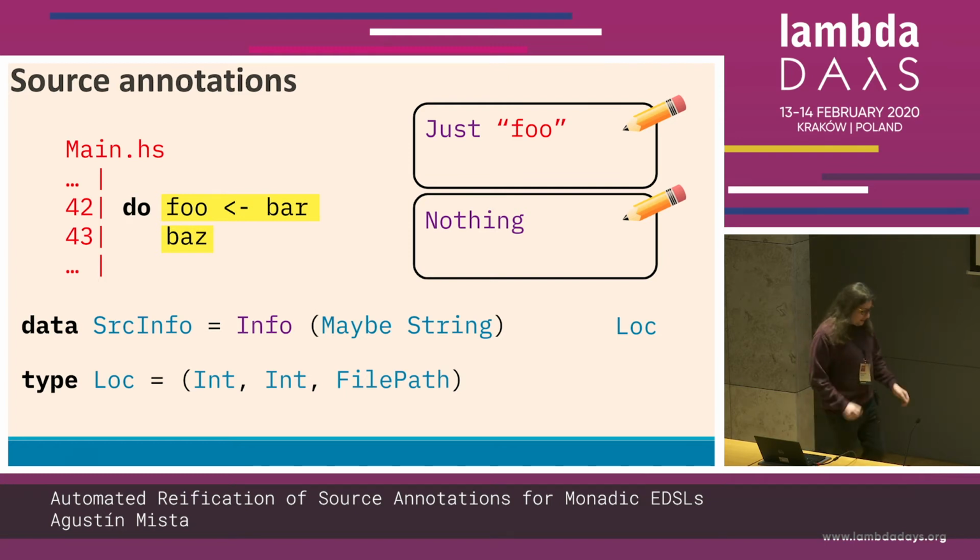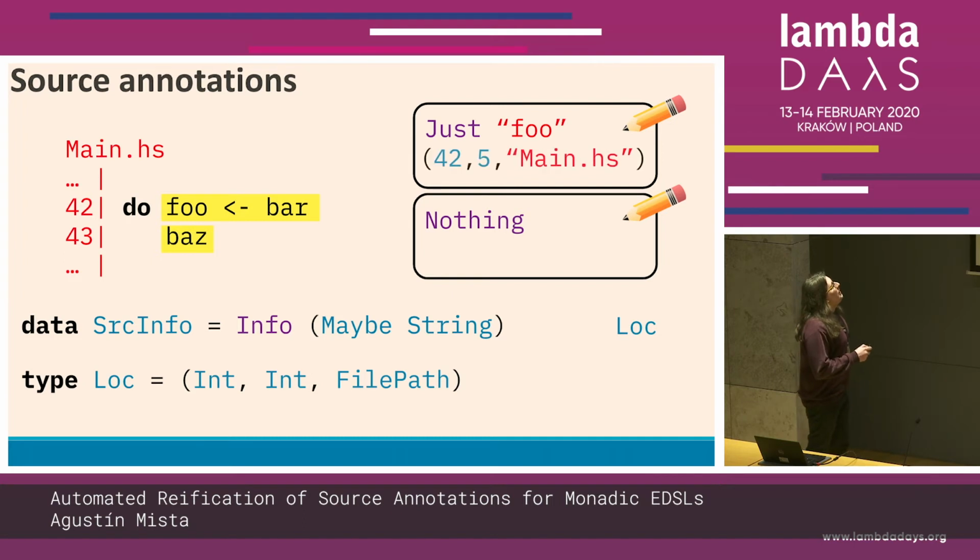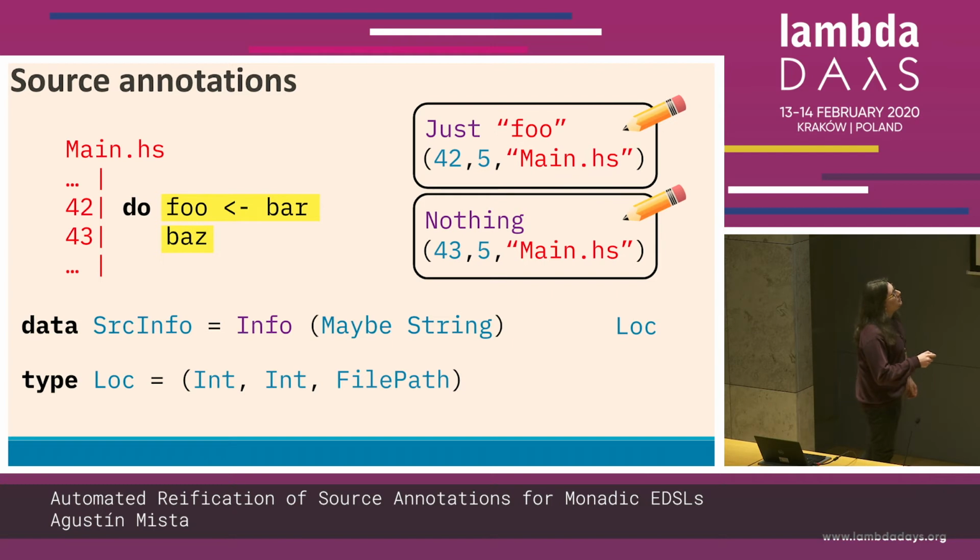So if we come back to the semaphore example, we have all the statements, and for each one, we will create a little piece of data that contains all the information that we would like to have in the first place, but it's lost during compilation. So we will have the names for the two nodes, Just green and Just red, and we will also have all the information about the position where each one of these statements is defined.